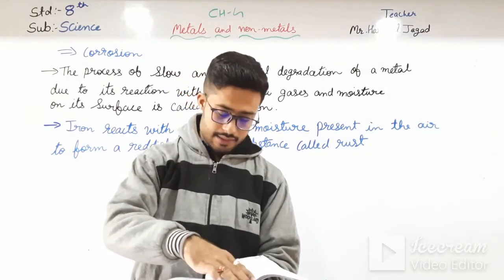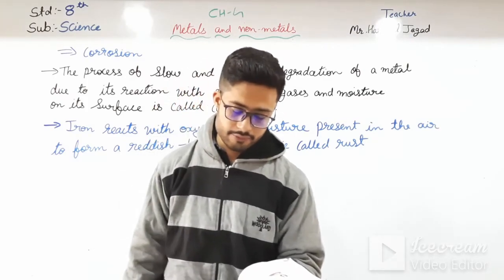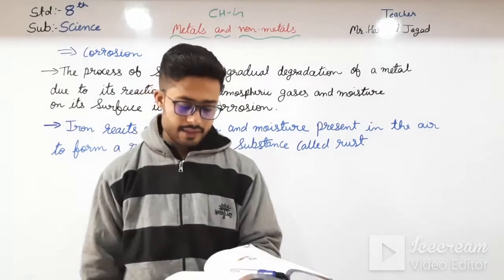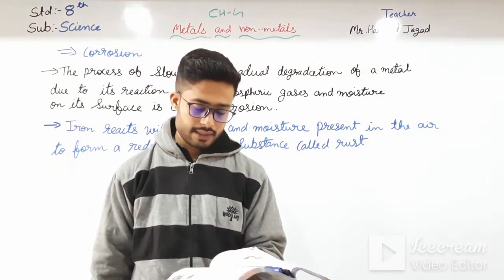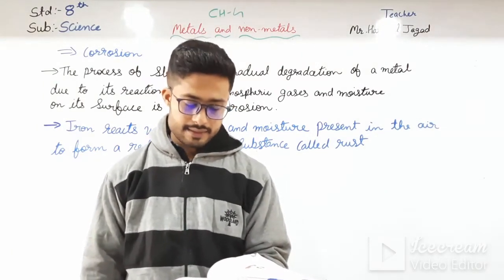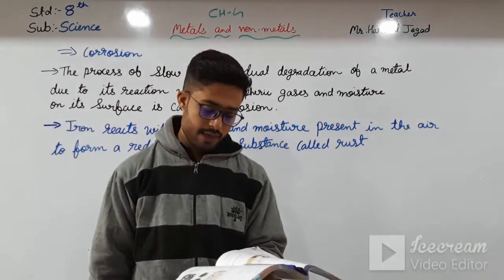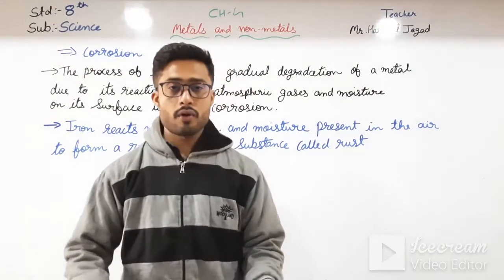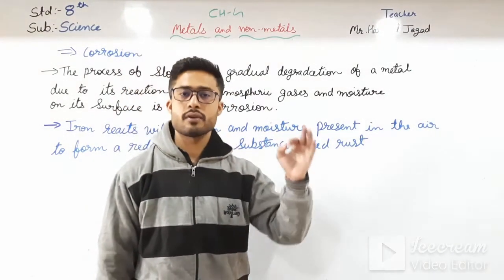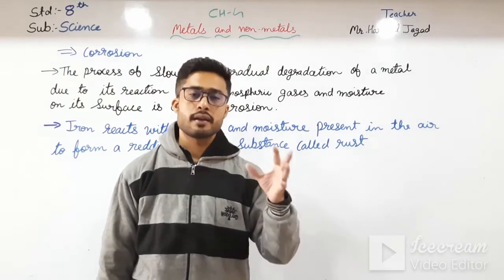And another is copper. Copper objects form a thin green layer on their surface with time. This is due to the reaction of copper with carbon dioxide and moisture present in the air. This green layer is called basic copper carbonate. So copper objects form a greenish layer on the surface, which is known as copper carbonate.